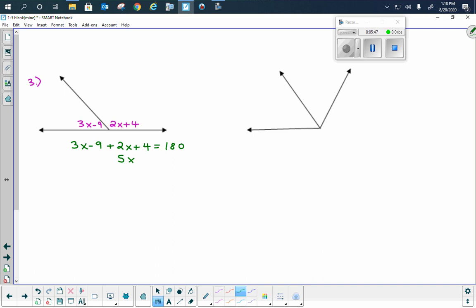Negative 9 plus 4 is negative 5 equals 180. And now that you've got like terms combined on each side, you're ready to move things around. So I'm going to add 5 to both sides to get this to cancel. So 5x will equal 185. To get this to go away, you're going to divide by 5. And therefore, x will equal 37.